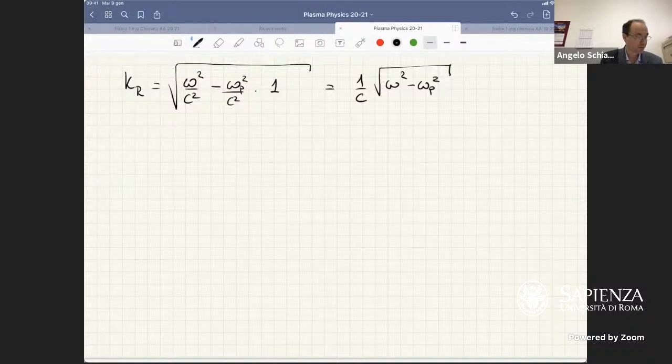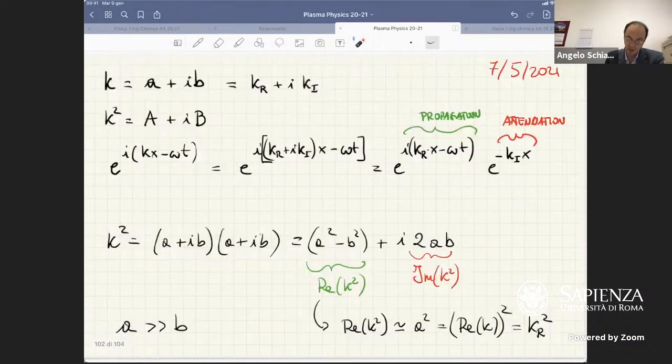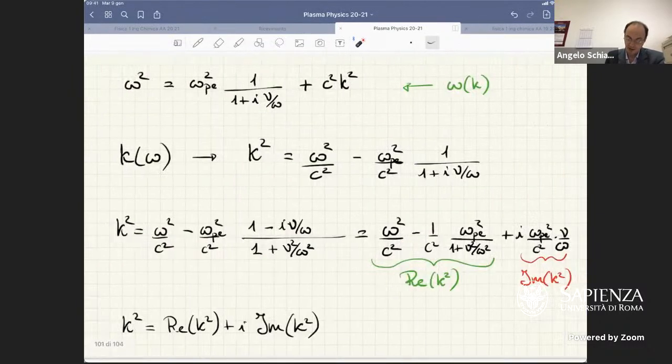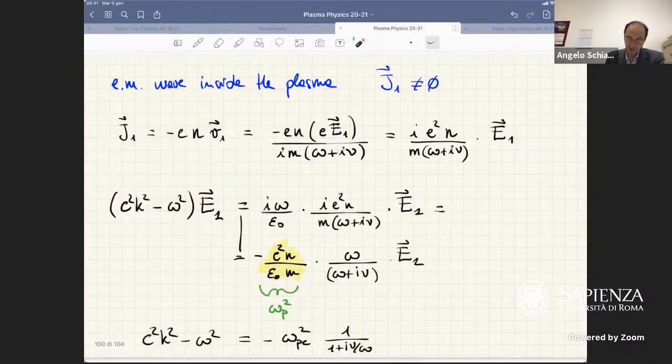Now we have to derive the imaginary part as well. The imaginary part, ki, which, if you remember, we found last time.